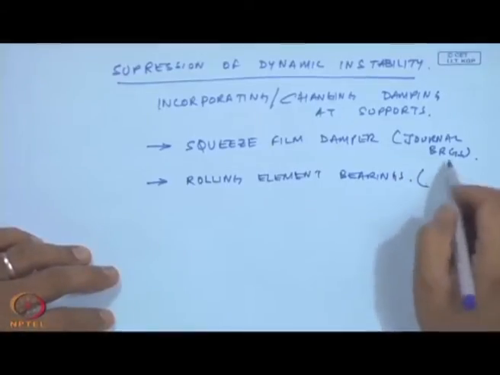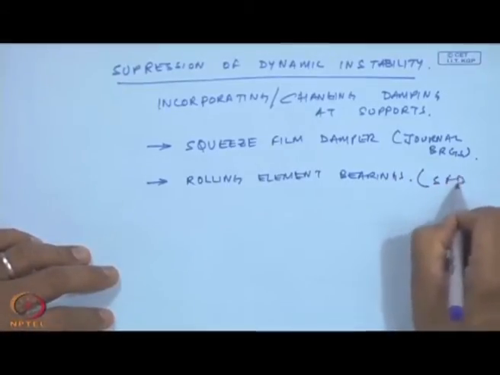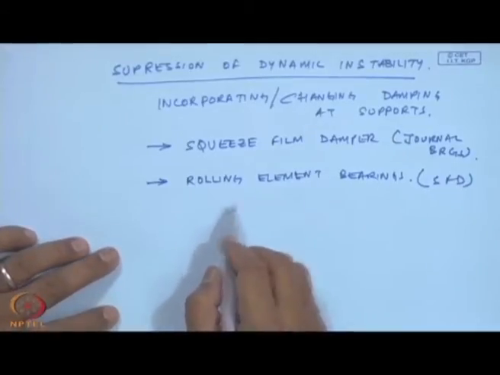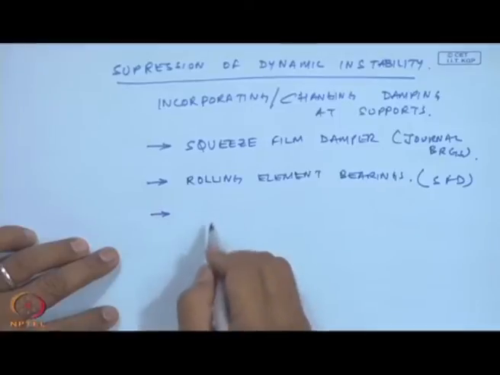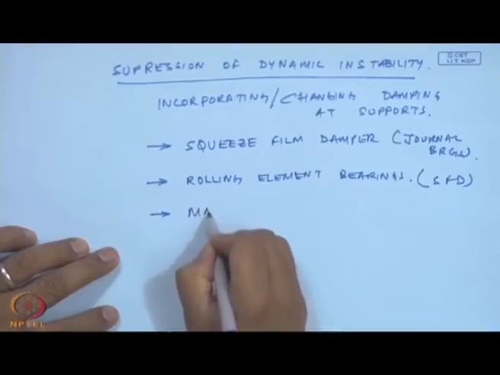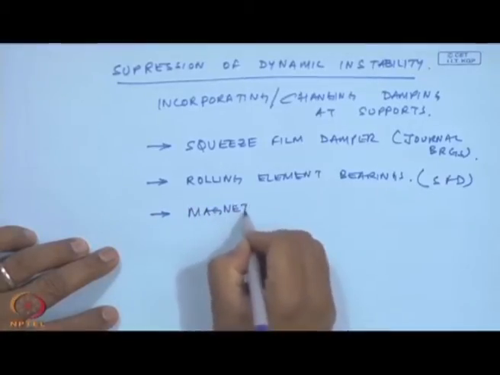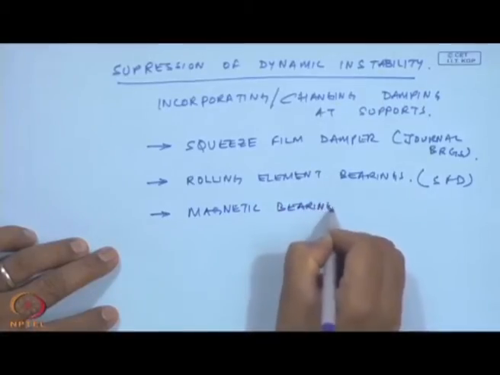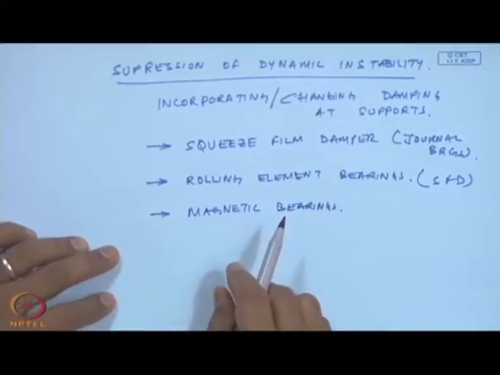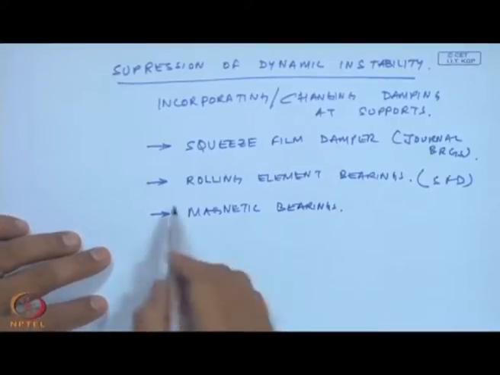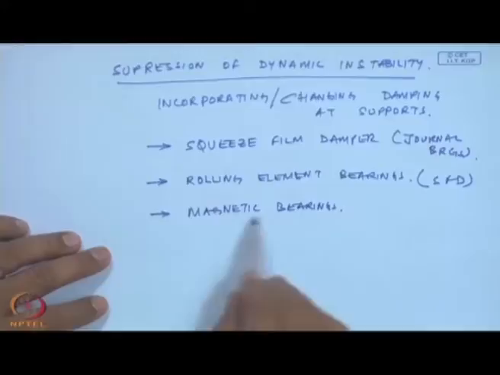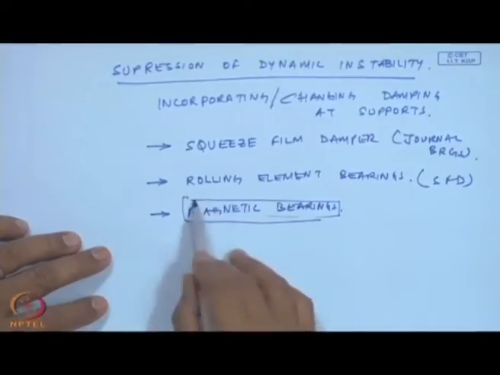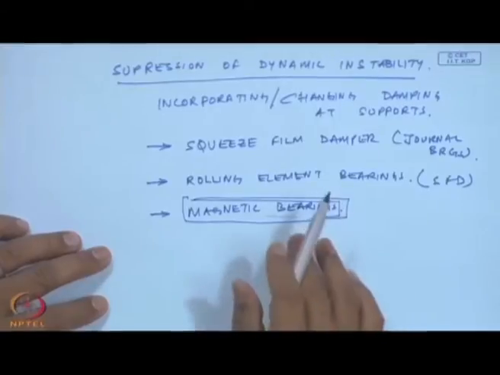In some way, by having an SFD, a squeeze film damper in the outer race, some amount of damping control can be done. Of course, people have used magnetic bearings to control dynamic instability in rotors. That is still in a research stage, I would say, with very few practical applications.